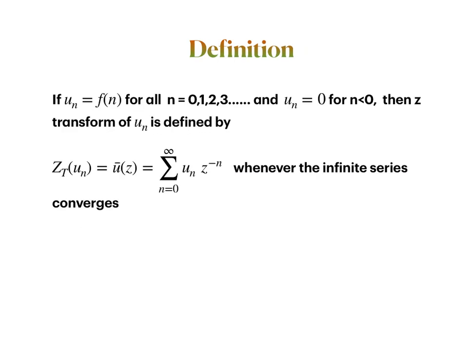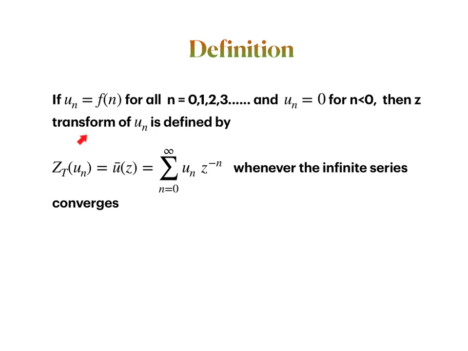Let's see now how the Z transform is mathematically defined. If Un is f of n, we are considering the n term because our n values are integers, for n equal to 0, 1, 2, 3, and so on. And Un is 0 for all negative n, so -1, -2, -3, for all negative values the nth function will be 0.